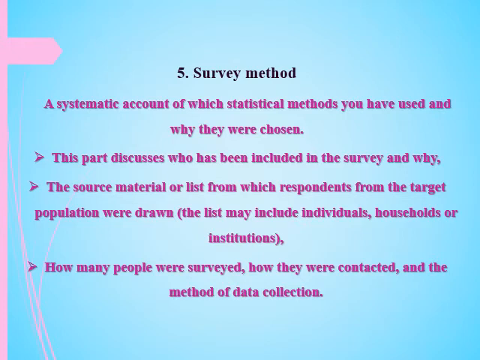This part also discusses who has been included in the survey and why. If you make a survey of teenagers, you should include the ages, the genders, and why you chose teenagers.